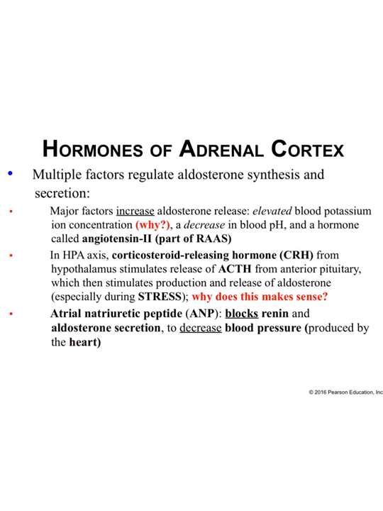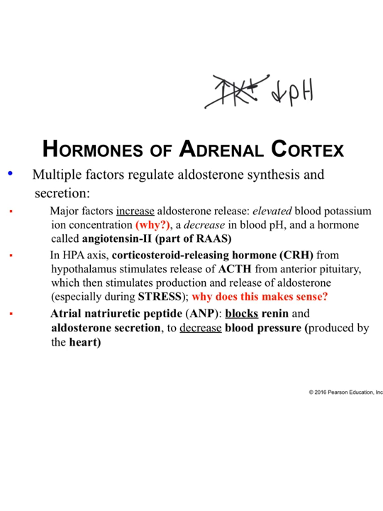Okay, so if we look at the different factors that are regulating when we are actually going to make and release aldosterone, first we have elevated blood potassium levels. When potassium's too high, that's actually going to make your pH be low. So for us to regulate pH, we would want to release aldosterone, so that would get rid of the potassium in our blood by excreting it into the urine.